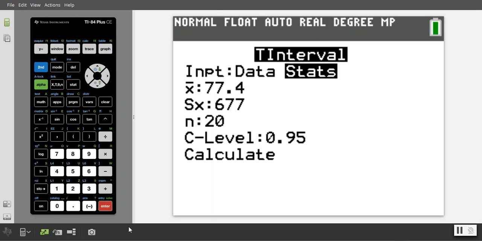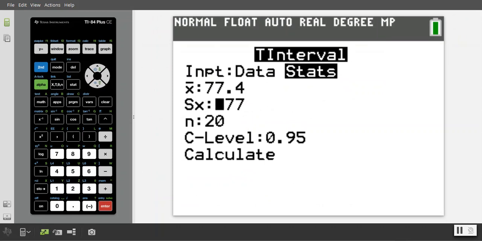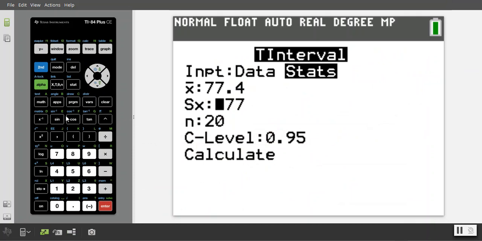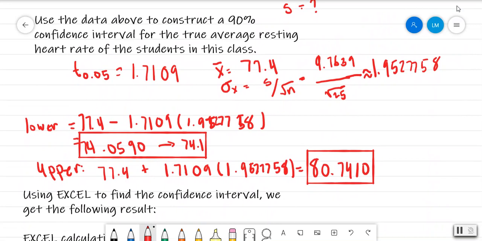And the standard deviation was 9.7639. It's very likely that we might be off in our computation, but it's okay. There were 25 samples of heart rates, and we were using a 90% confidence interval.